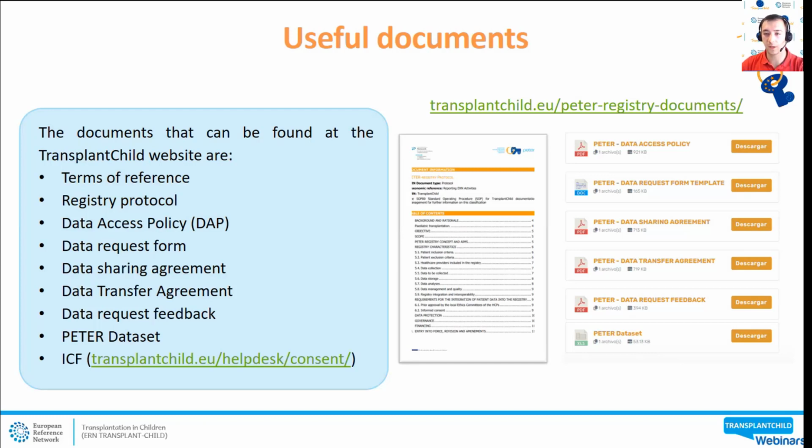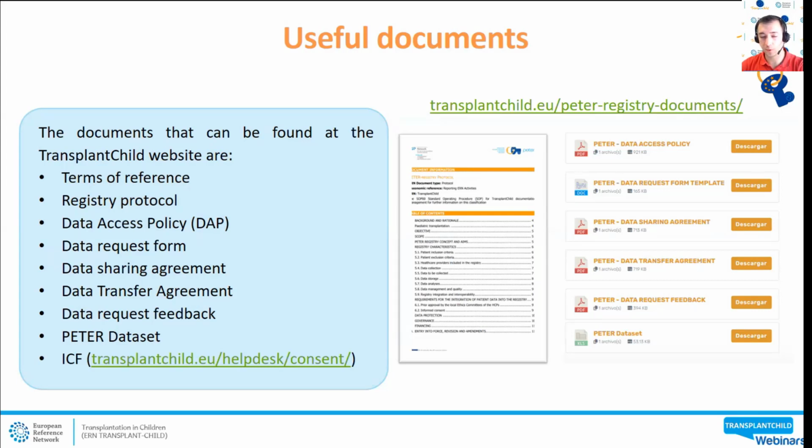Just as a disclaimer, even though the protocol is available in, I believe, at least all the languages from the members of the ERN TransplantChild, only the English one is actually validated. So if you are going to use the translated version, please make sure that the translation is consistent with the English version.